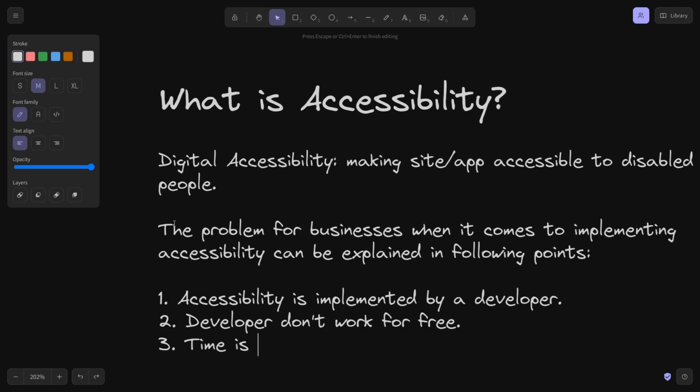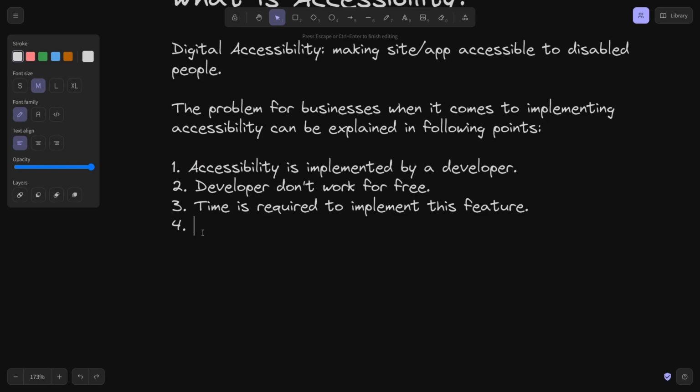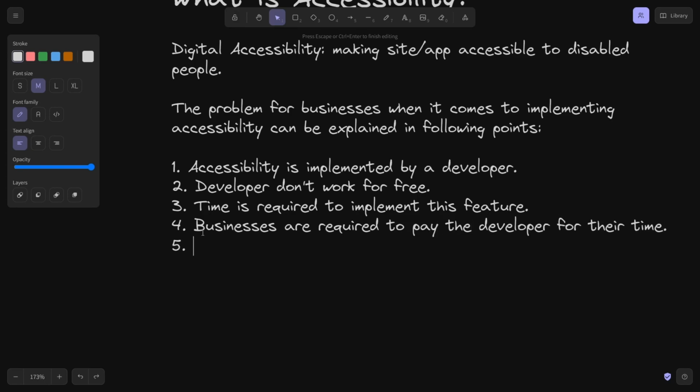Time is required to implement this feature. 4. Businesses are required to pay the developer for their time. And finally, the more the time, the more the cost for the business.